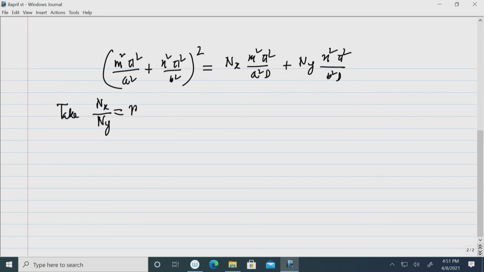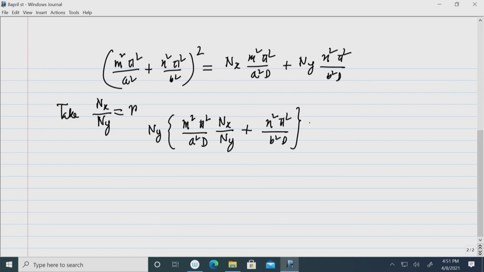So, if I take this as r, then I can write N_y times m² π² by a² D, N_x by N_y, plus n² π² by b² D, and on the right-hand side I can write π to the power 4 times (m² by a² plus n² by b²) whole squared.